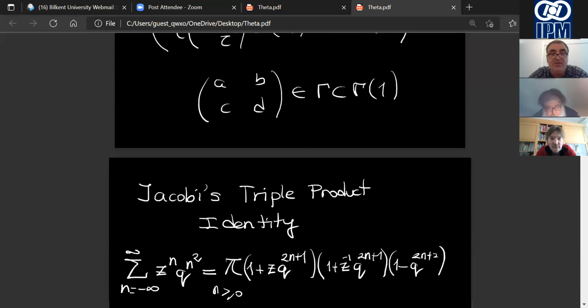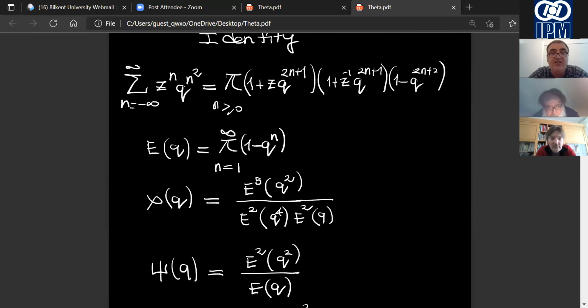This is a very simple theta function identity. You can find a zero here, divide by that, take a limit. One can start with this and get a formula for the number of representations by squares, for example. So these are very open to manipulation.